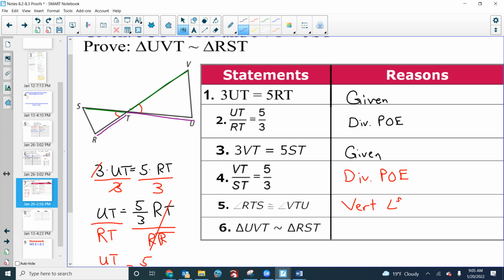Oh, look. 2 pairs of sides are proportional. Good. What kind of angle where they meet? Included angles are not proportional. They are congruent. Therefore, the triangles are similar by SAS.